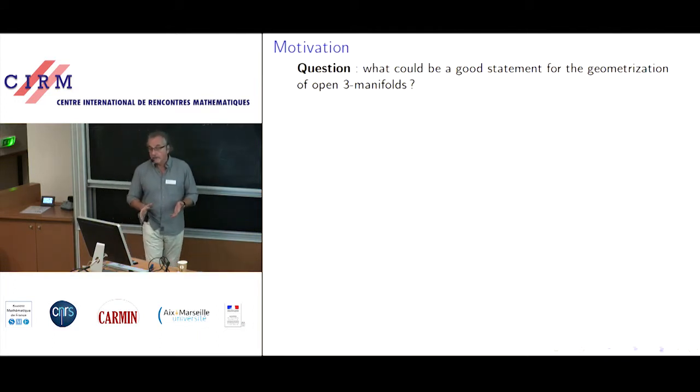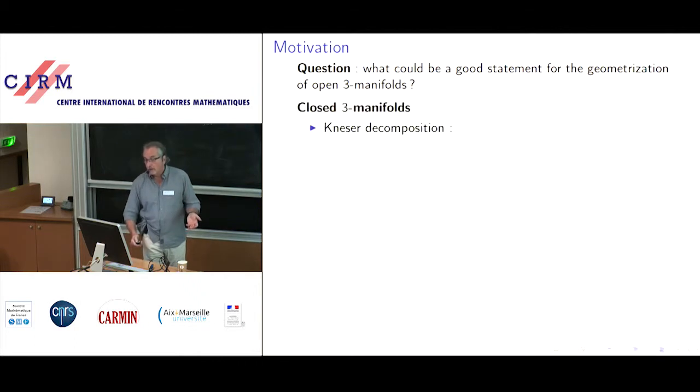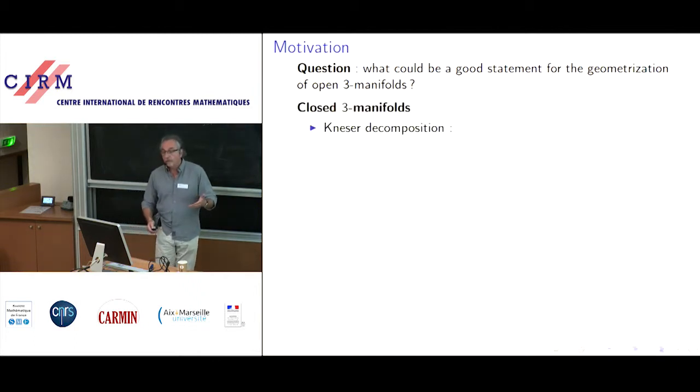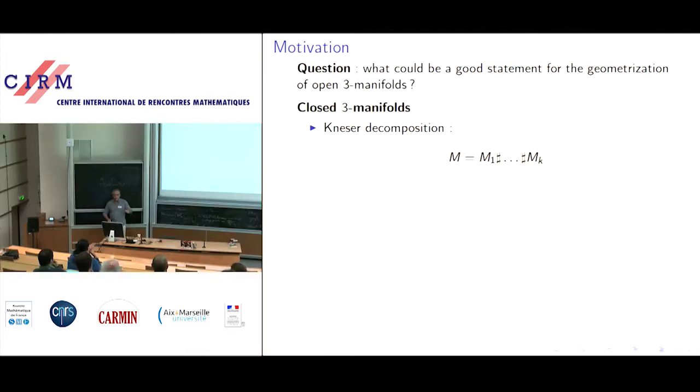And to be honest, at the moment, we don't even know how to state a good question. The reason is, let me recall, the closed manifold construction starts with two decompositions, one which is due to Kneser, with uniqueness by Milnor, where you decompose a closed three-manifold into a finite connected sum, and it's kind of unique.